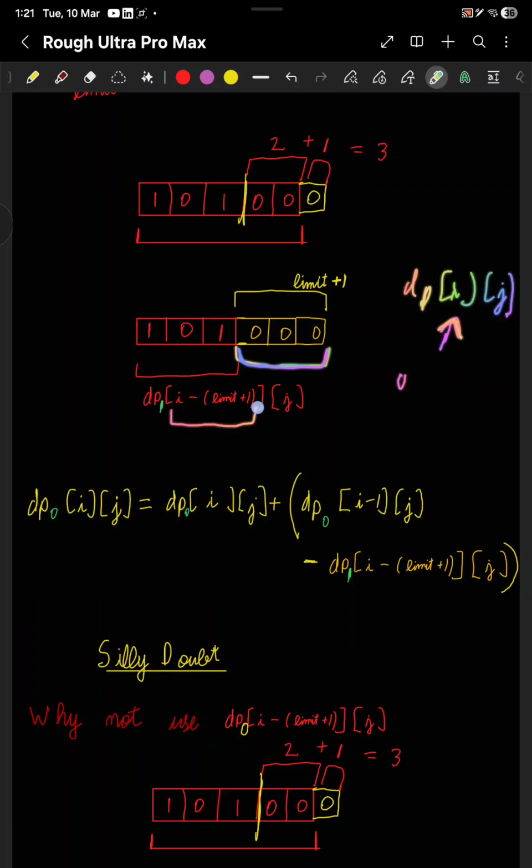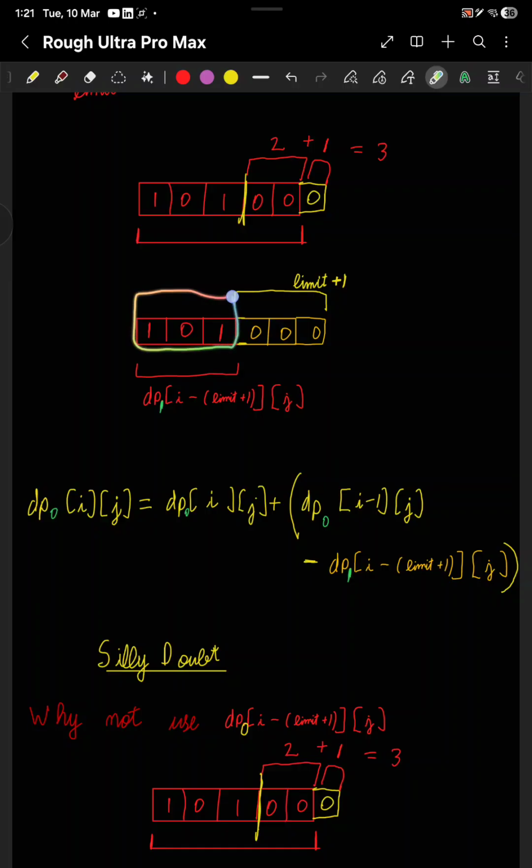So we have to find the good valid arrays that have i minus (limit plus 1) zeros, because limit plus 1 zeros we have concentrated here. So we have to find the good arrays of this part. This is represented by this state.